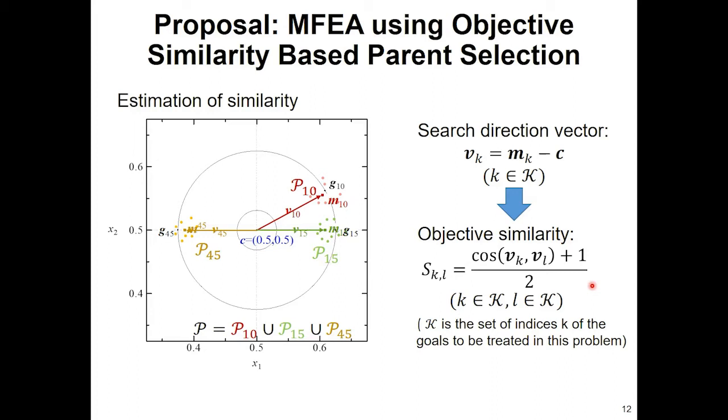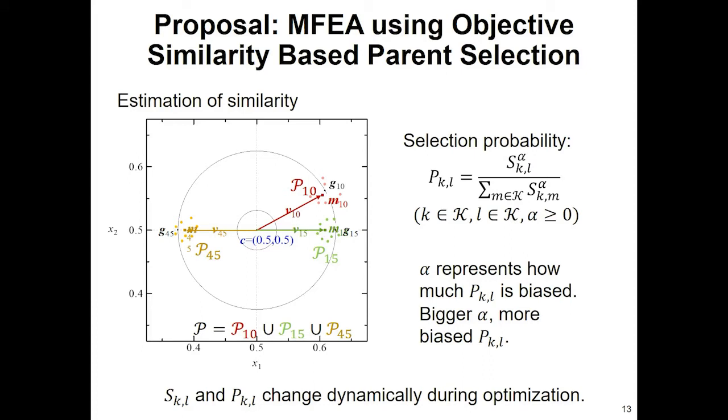This is the estimated similarity of the objective functions. In this figure, for example, V10 and V15 have high similarity because of their similarity in direction, and V45 has low similarity to the other vectors, so it has low similarity to the other objective functions.